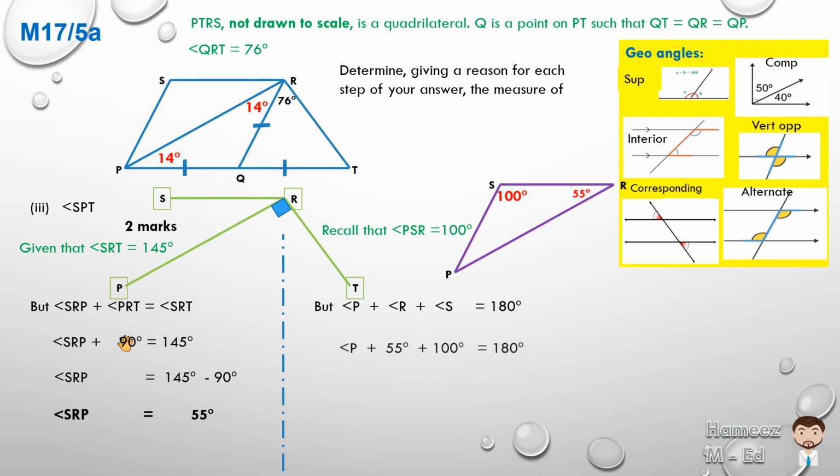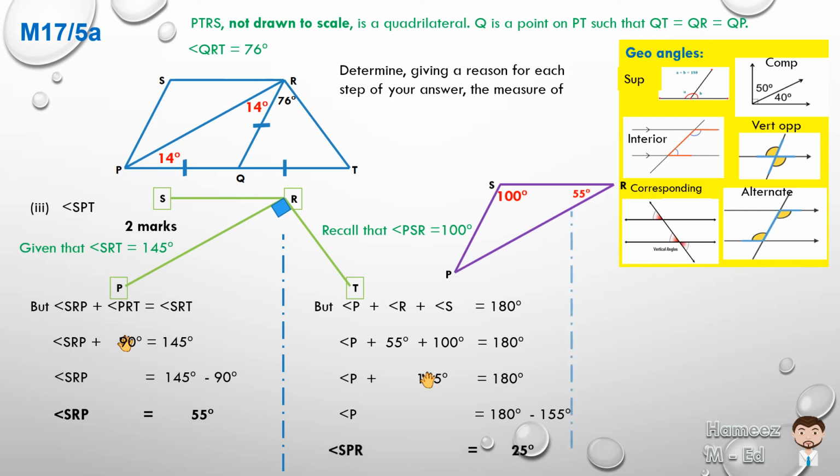The angle at P plus 55 degrees plus 100 degrees, because they gave us PSR, is equal to 180. And we can add: angle P plus 155 is equal to 180. Let's cover off the 155. So angle P is equal to 180 minus 155. So the angle at P, which is properly known as the angle SPR, is 25 degrees.